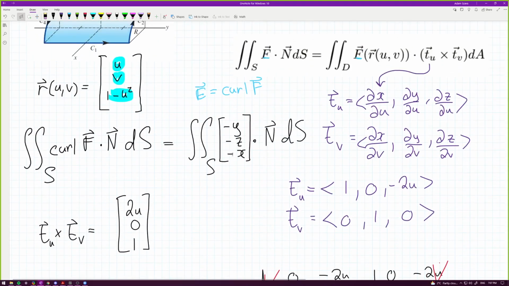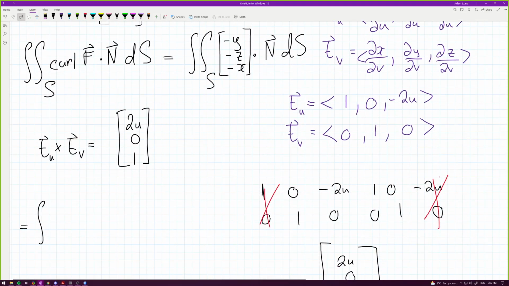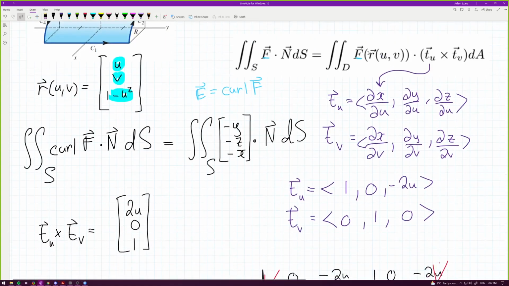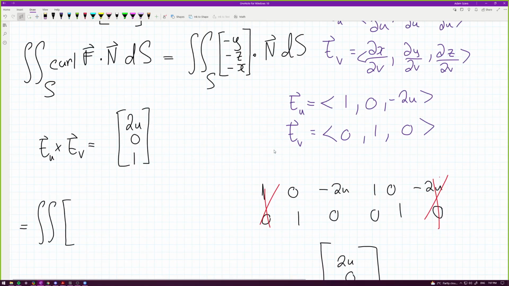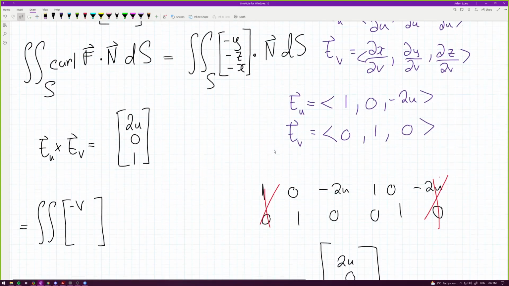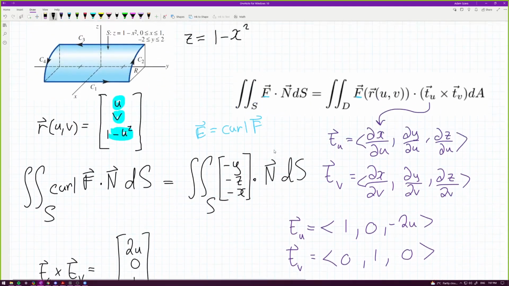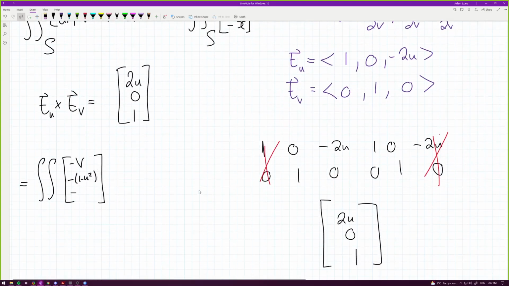And so now finally, into this formula, I can say that this is equal to the double integral of F of r of u, v. So that's going to be negative y, negative v; negative z, negative 1 minus u squared; negative x, which is negative u.